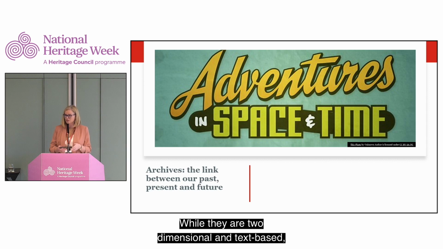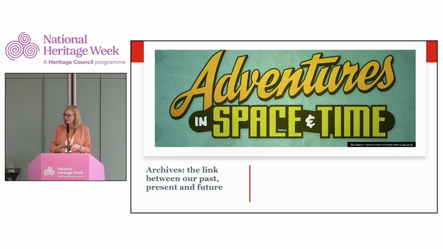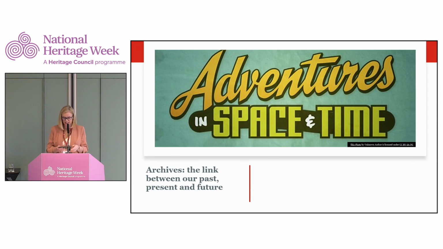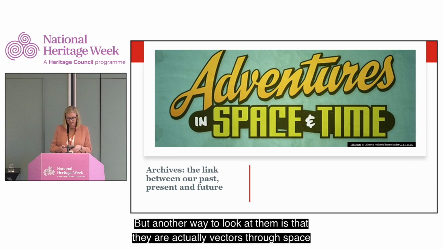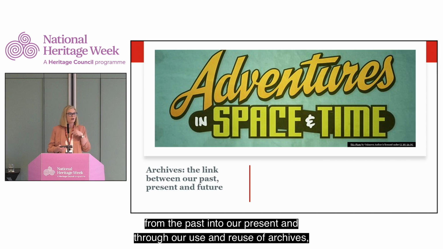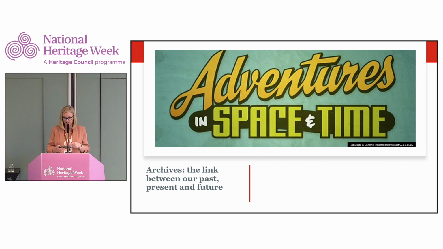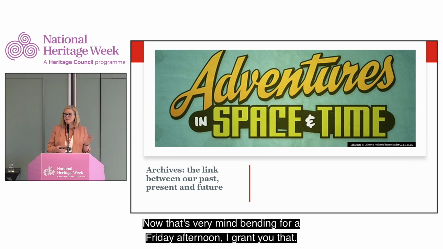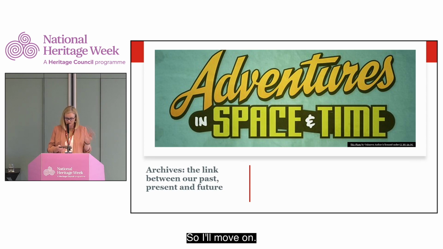While they are two-dimensional and text-based, they're used very often to prove something happened at a very particular time in a certain place. But another way to look at them is that they are actually vectors through space and time. An archival document can convey people and places from the past into our present, and through our use and reuse of archives, it binds us through them into the future. Now that's very mind-bending for a Friday afternoon, I grant you that, so I'll move on.